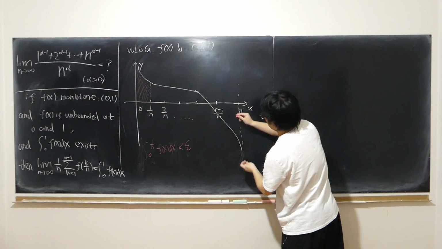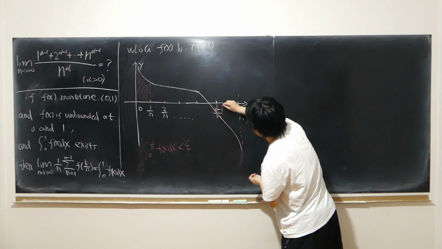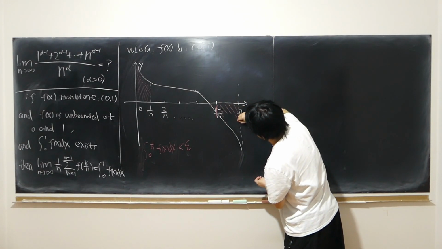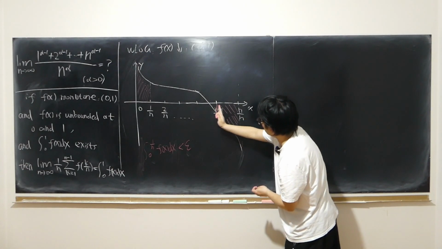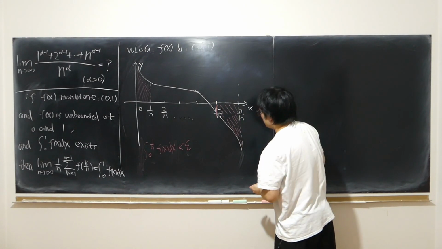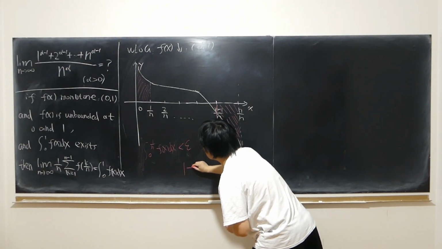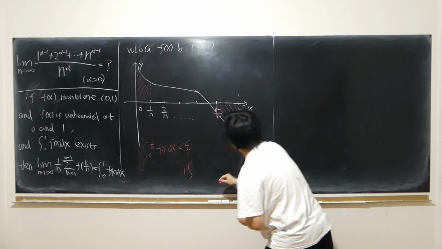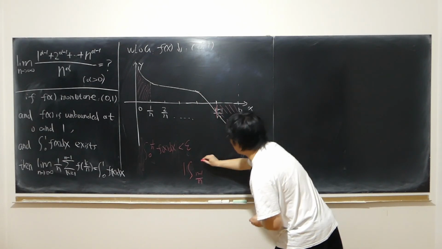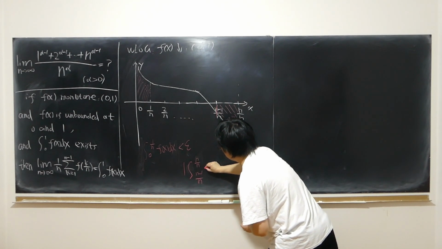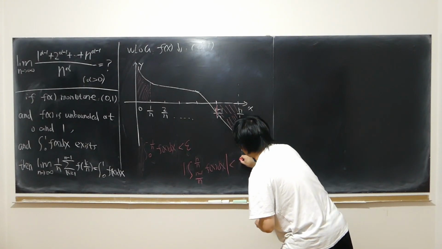So in other words, the curved shape area from this to this, its absolute value, from this point, that is n minus 1 over n, all the way up to n over n, of f of x dx can be small enough.